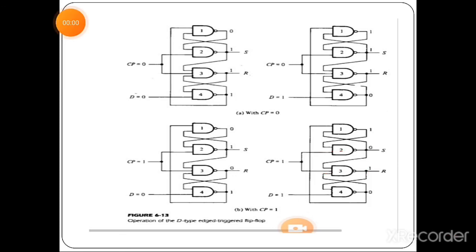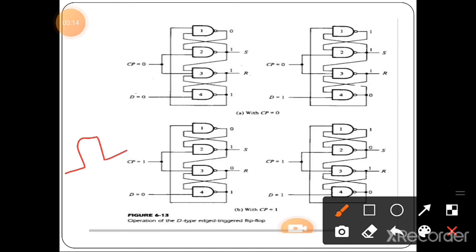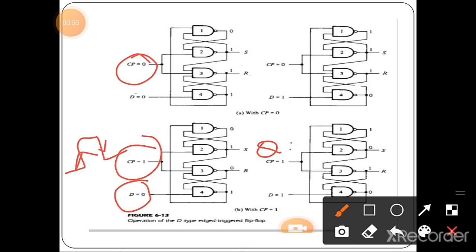Then, in summary, when the input clock pulse makes a positive-going transition, the value of D is transferred to the output Q. Changes in D when CP is at the steady state 1 value do not affect Q. Moreover, a negative pulse transition does not affect the output, nor does it when CP is equal to 0.